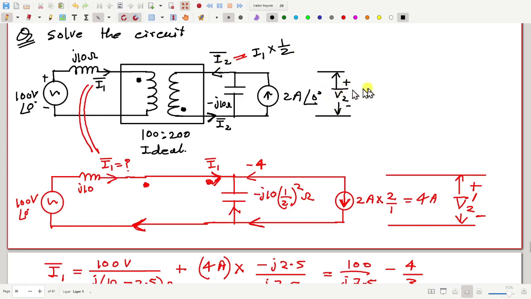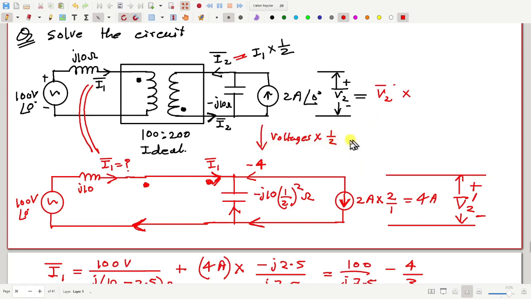Then what will be the value of this V2? This V2 will be this voltage V2 prime multiplied by what? To go from here to here, we multiply voltages by half.